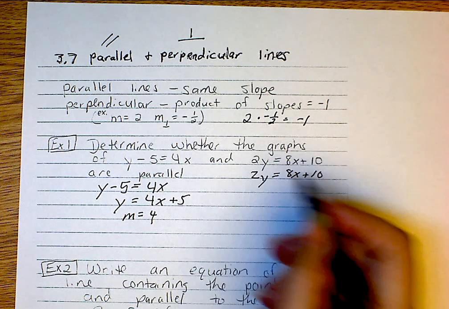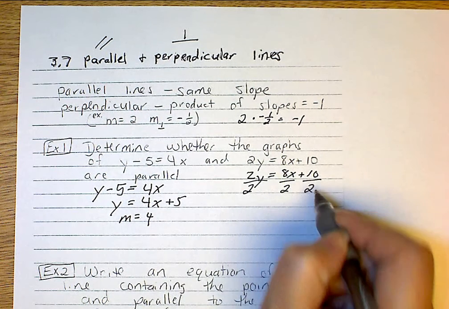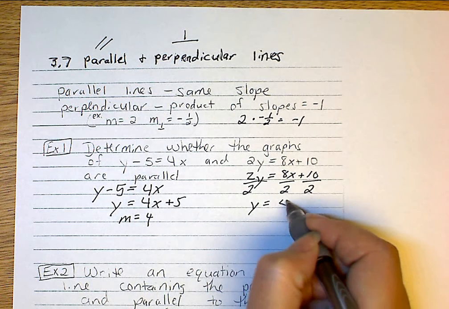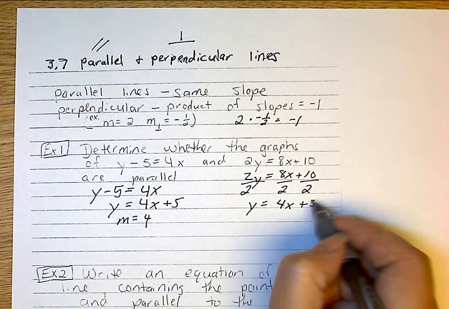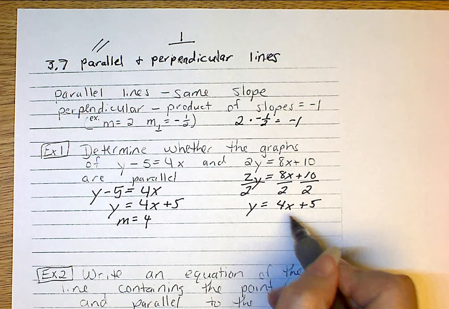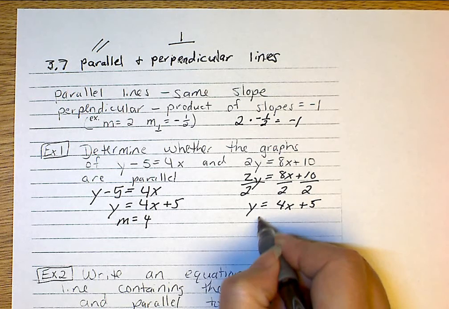Divide by 2. So I have y is equal to 4x plus 5. Austin, what's my slope? Slope is in front of your x. So 4, yep. So my slope is 4.